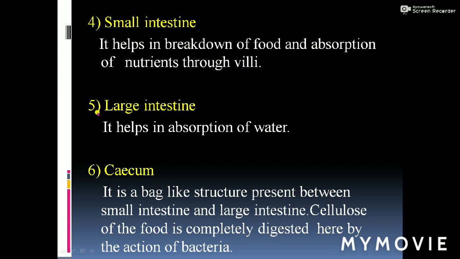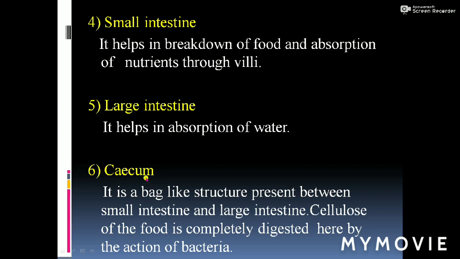Now next is large intestine. Also in human being, the same function, that you know, helps in absorption of water. Clear to all of you this picture? Now next, I have written here cecum.